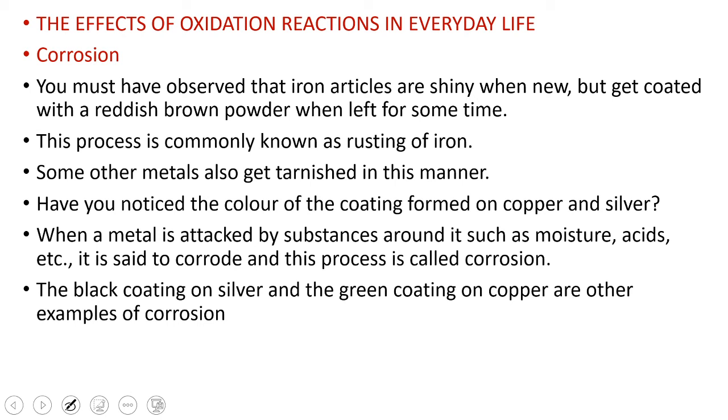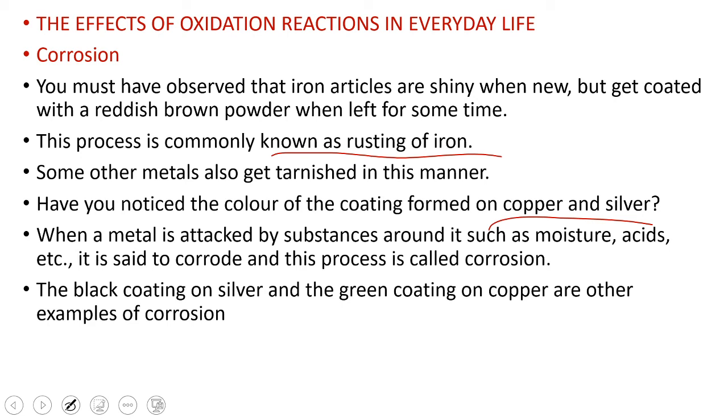This process is commonly called rusting of iron. Even some other metals get tarnished in this manner, like copper and silver. If you leave copper outside for some days, you observe that a green color coating will be formed on the copper. That we call corrosion. All these phenomena are corrosion. And even silver articles were left over.